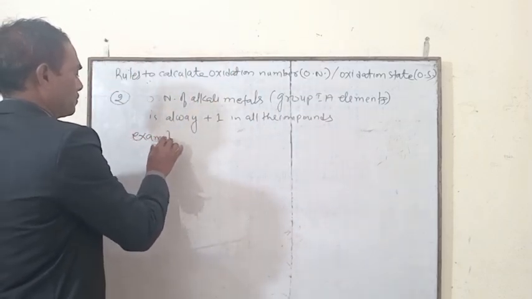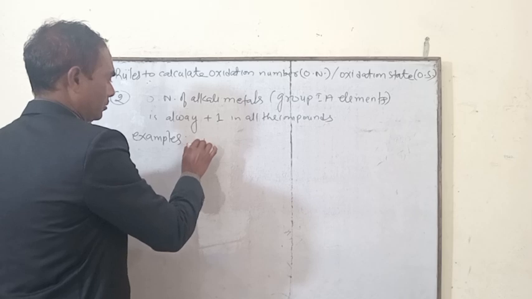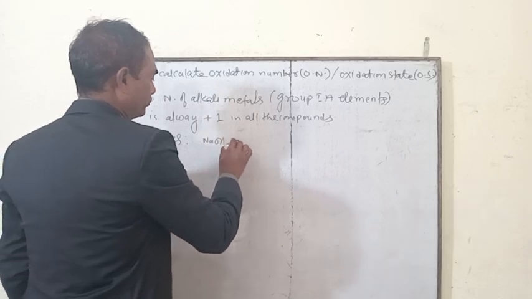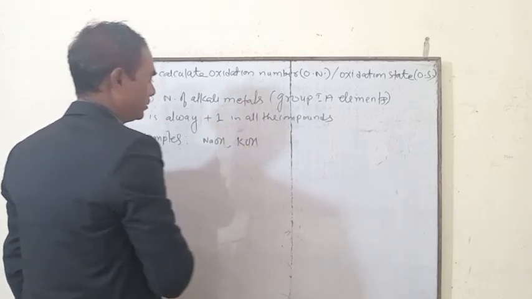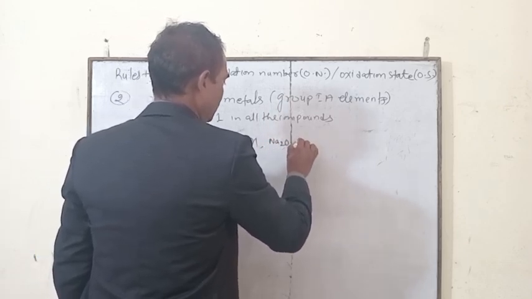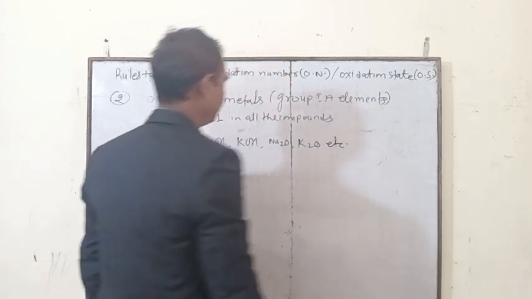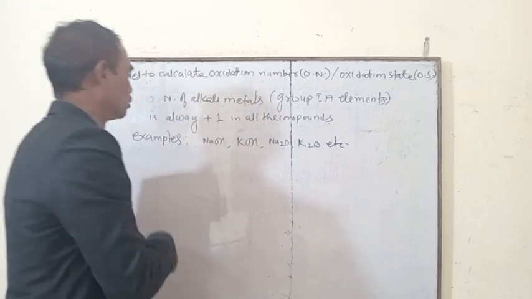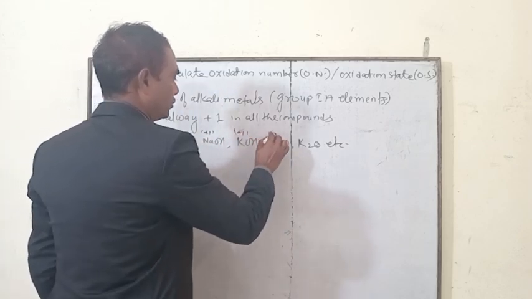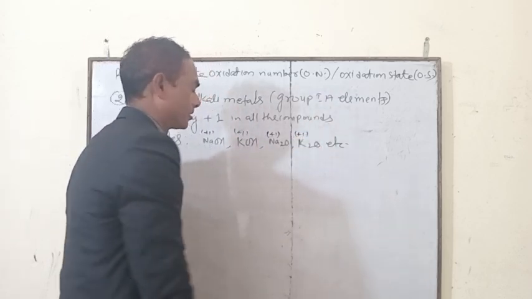Examples: sodium hydroxide, calcium hydroxide, sodium oxide, potassium oxide, etc. Here sodium oxidation number is +1, potassium oxidation number is +1.